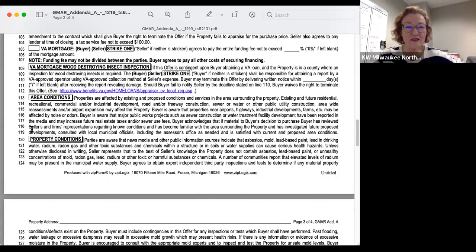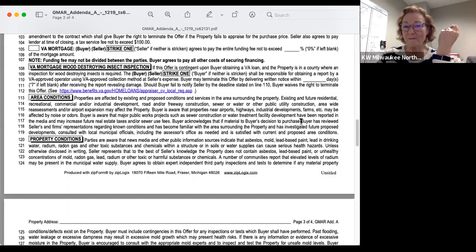Buyer has reviewed seller's and firm's representations regarding known conditions, has become familiar with the area surrounding the property, and has investigated future proposed developments, consulted with local municipal officials, including the assessor's office as needed, and is satisfied with the current proposed area conditions.